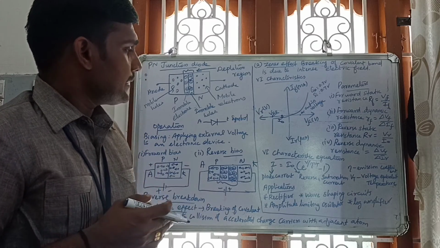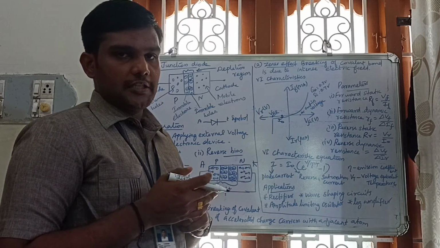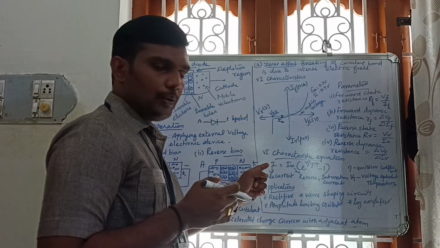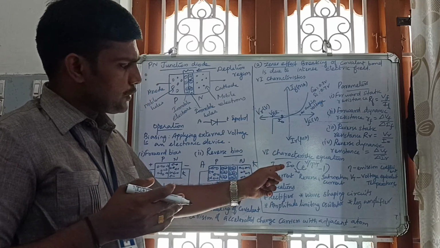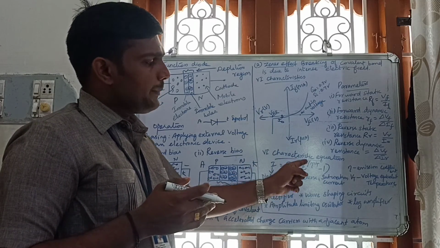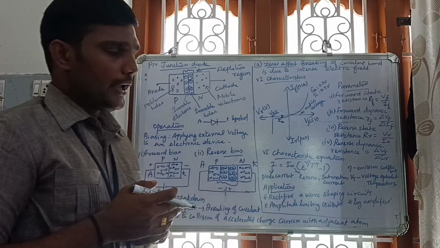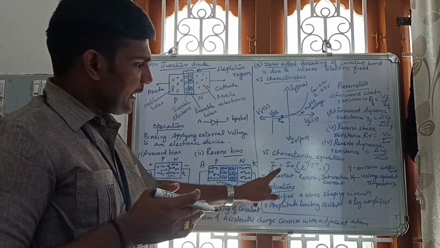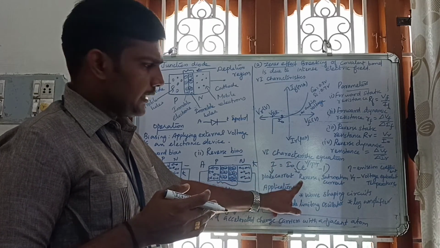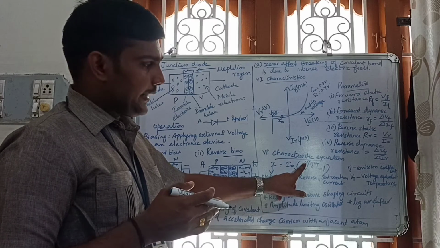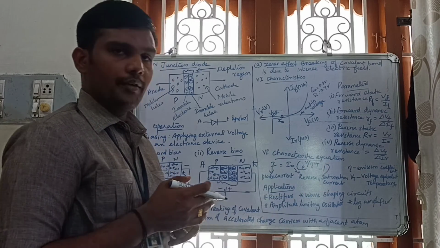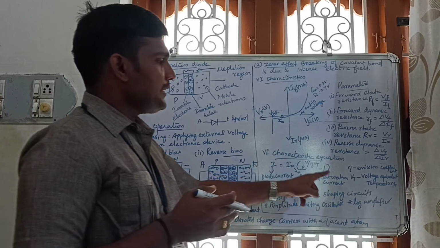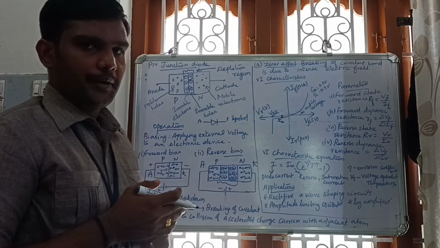Next, the VI characteristic equation: diode current I is equal to I naught times (e power V by eta Vt minus 1). Here I is the diode current, I naught is the reverse saturation current, V is the applied voltage, eta is the emission coefficient, and Vt is the voltage equivalent of temperature.